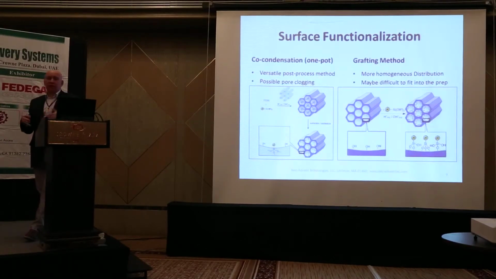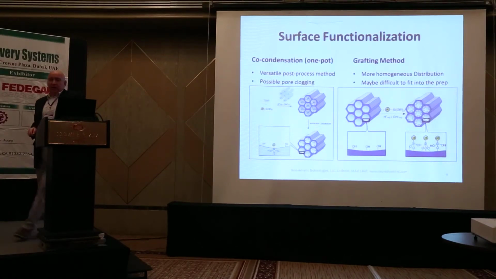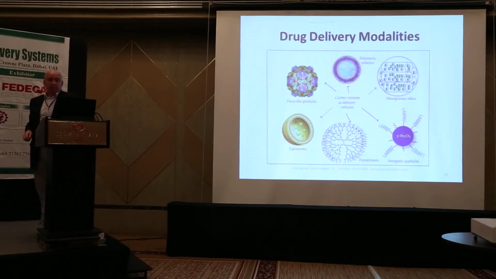It's very versatile, very convenient, but one of the biggest problems with that, you might have pore clogging, because it's not necessarily a homogeneous distribution, and the organic part will start clogging the pore. The second option is called the grafting method. So we have our homogeneous distribution, but unfortunately in this case, you need to produce silicon particles, and then as a second process, use the hydroxy group and do other silicon-based chemistry.